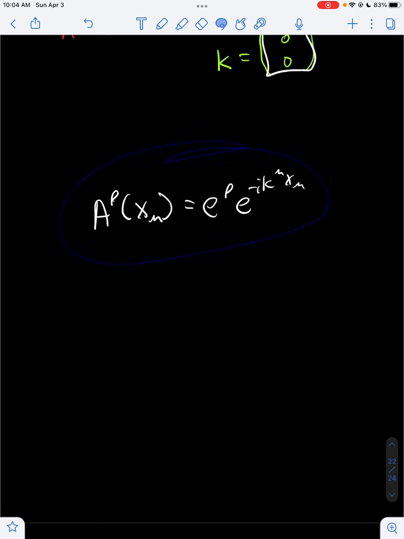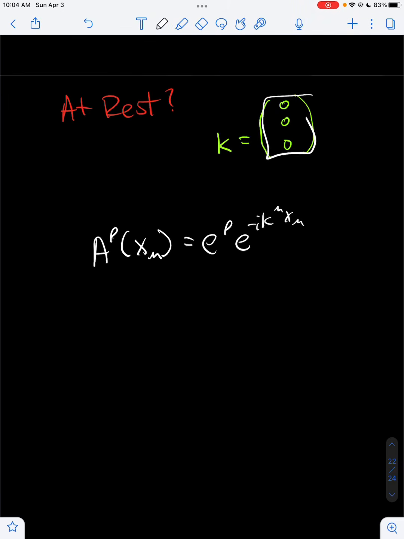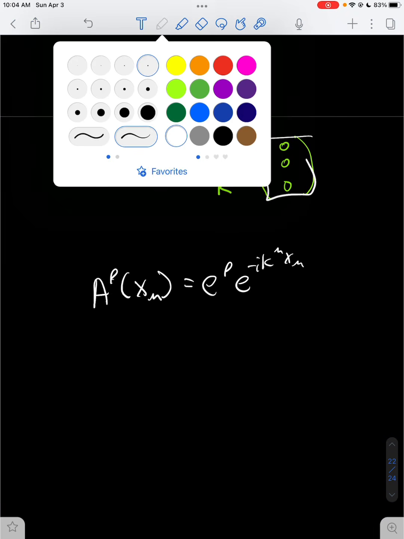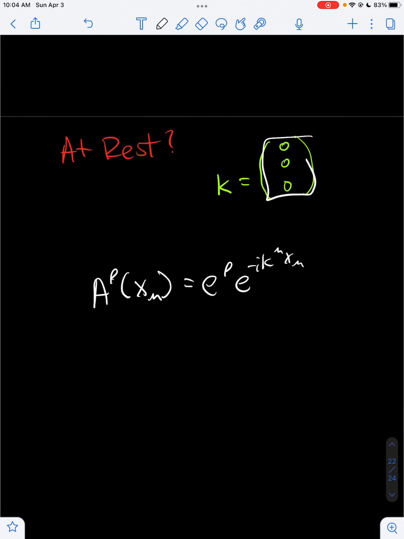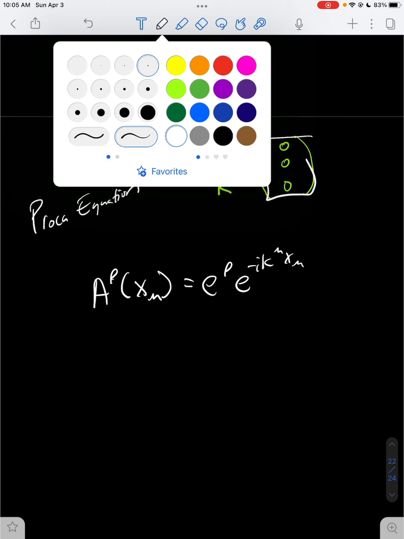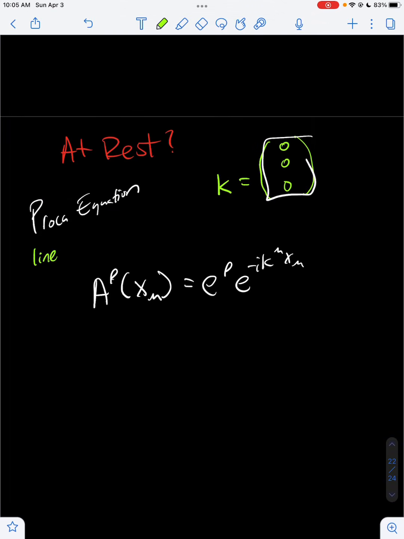This was one of our solutions. And we can make extra solutions. So the Proca equation, it's what is called a linear differential equation.